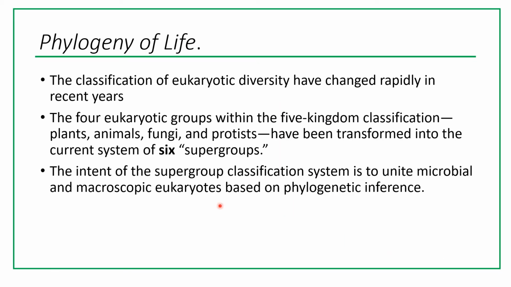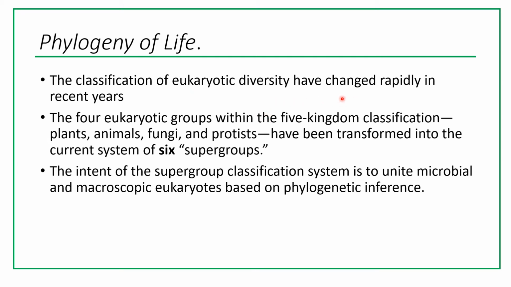Classification of eukaryotic diversity has changed rapidly in recent years. The four eukaryotic groups within the five kingdom classification, plants, animals, fungi, and protists, have been transformed into the current system of six supergroups. Before, when I went to college, we used the five kingdom classification.